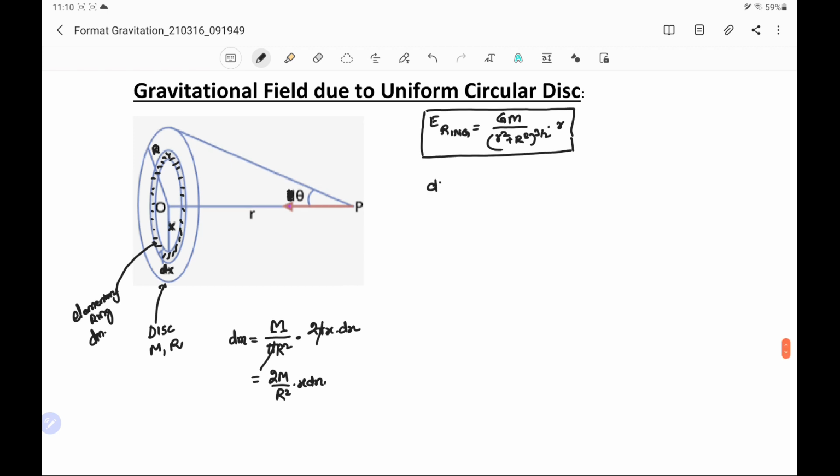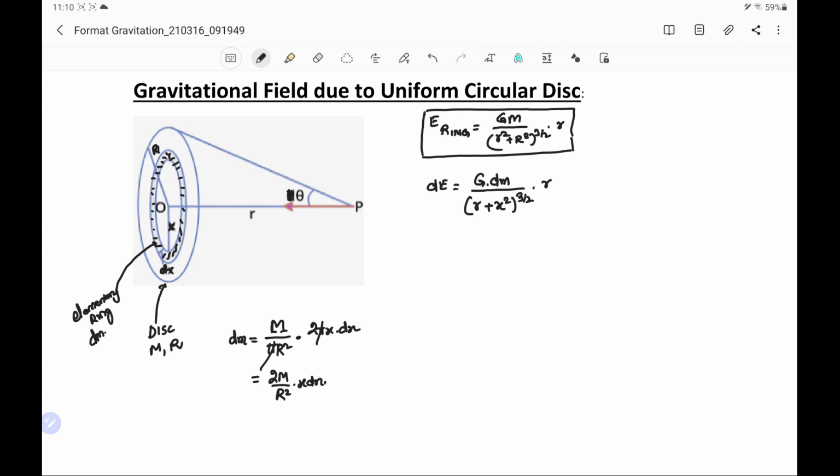So the elementary field will be equal to G into the mass of the ring dm divided by, now the distance of the point P from the center of the ring is r again, plus, and what is the radius of this ring? The radius of this ring is x. So we will put here x square raised to power 3 by 2 into r, and r will remain as it is.